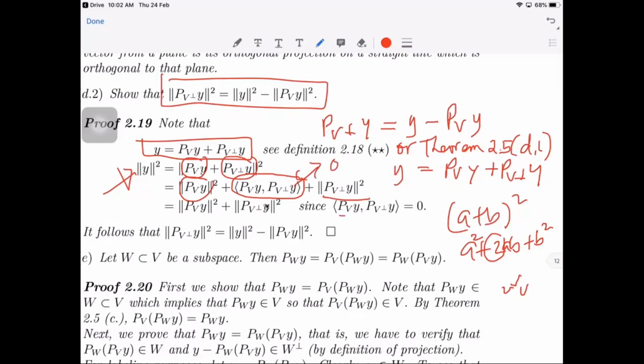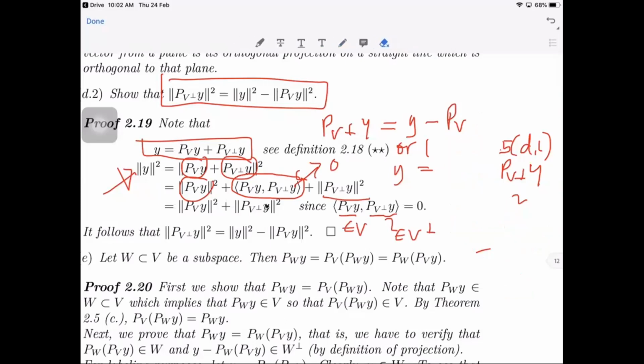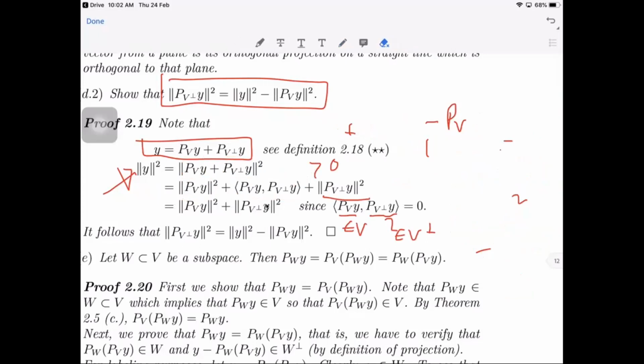Why? Because this is an element of V and this is an element of V perp. So they are vectors which are orthogonal to each other. So the inner product is 0. Okay. So what remains is this one and the result follows.